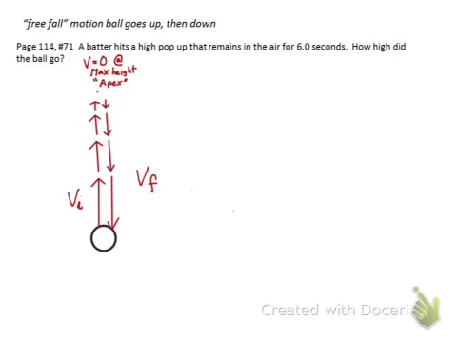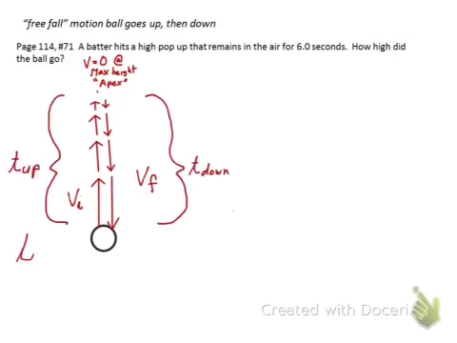Okay, so what we have here is our ball thrown up initially. Notice that the velocity vector is going up until the velocity reaches 0 at maximum height, something that we call the apex, and then it increases again in the negative direction. We can also take a look at the amount of time.